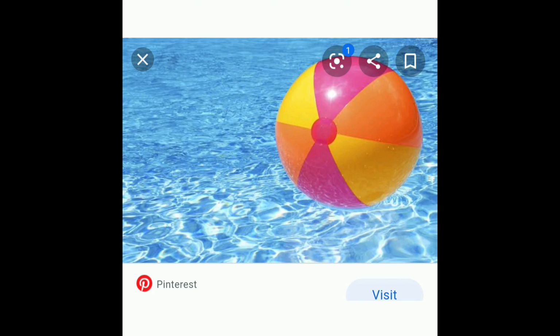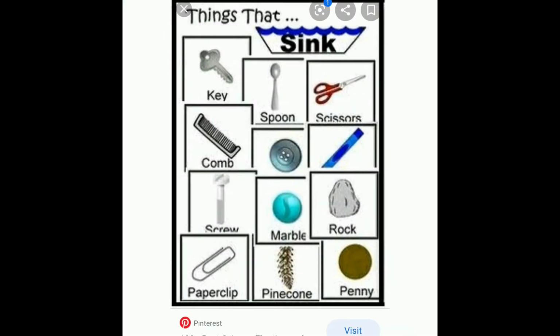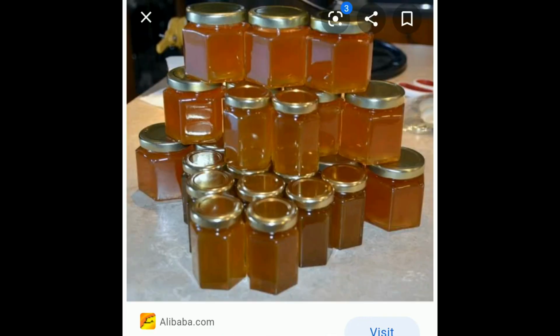Why does one sink and the other float? It's because of the variation in density. A substance with lower density floats and a substance with higher density will sink. Density is the amount of substance in a particular volume.